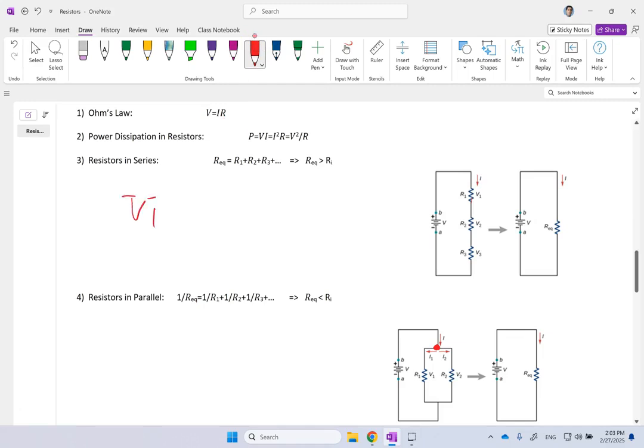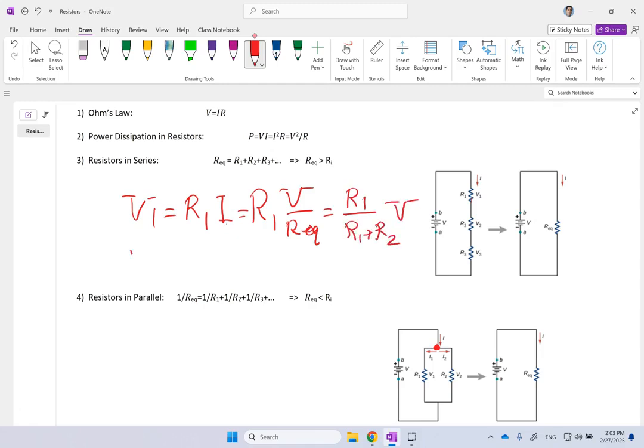V1, remember, is R1 times I, and I was V over R equivalent, and R equivalent is R1 plus R2, so V1 is going to be R1 over R1 plus R2 times V. And similarly, you can show that V2, which is R2 I, and I is the same I, is going to be R2 over R1 plus R2 times V.